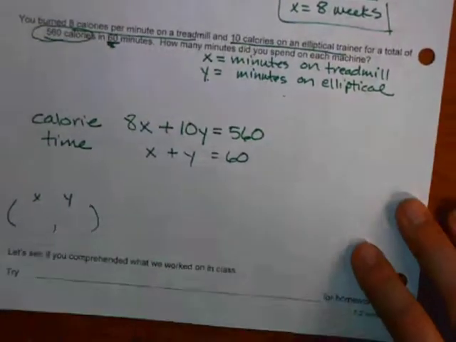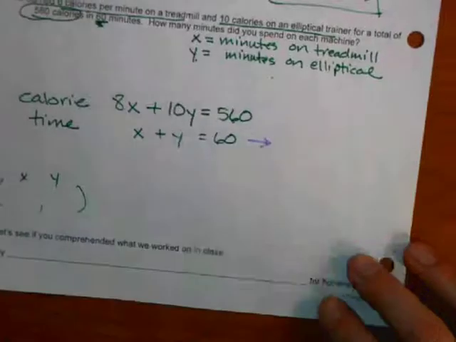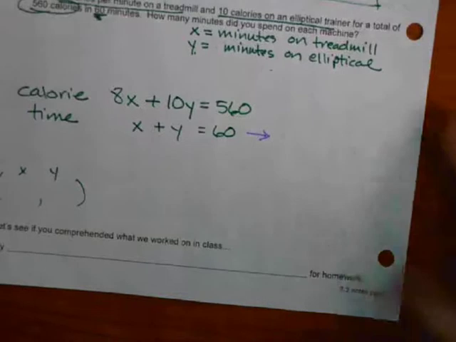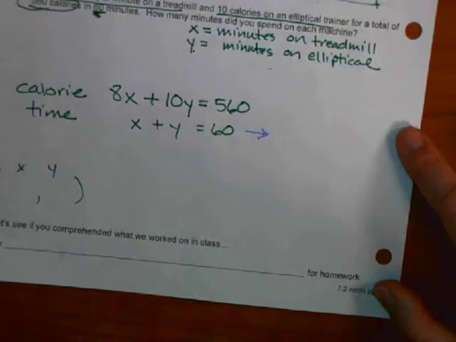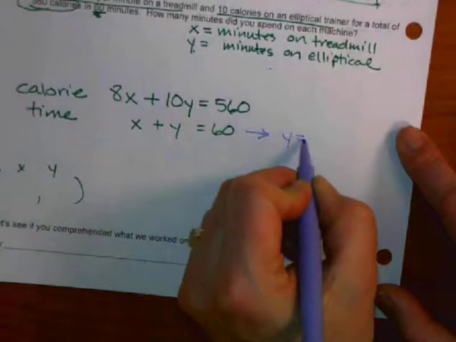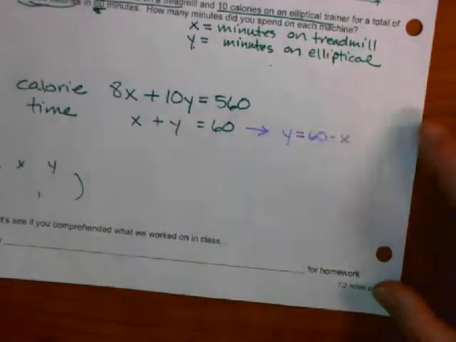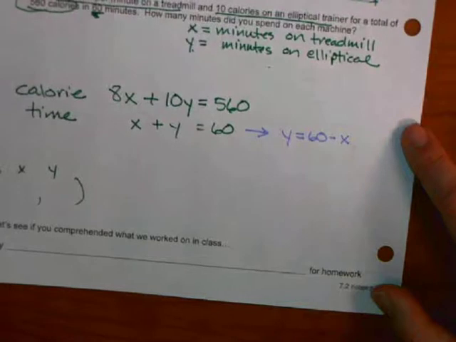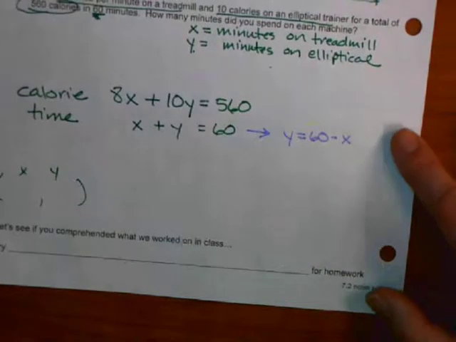So I'm going to move this one because it's the easiest to move. You want to get Y by itself or X by itself? You get Y by itself? Okay. So that means I'm going to subtract X from both sides. I have 60 minus X. Now I can substitute.